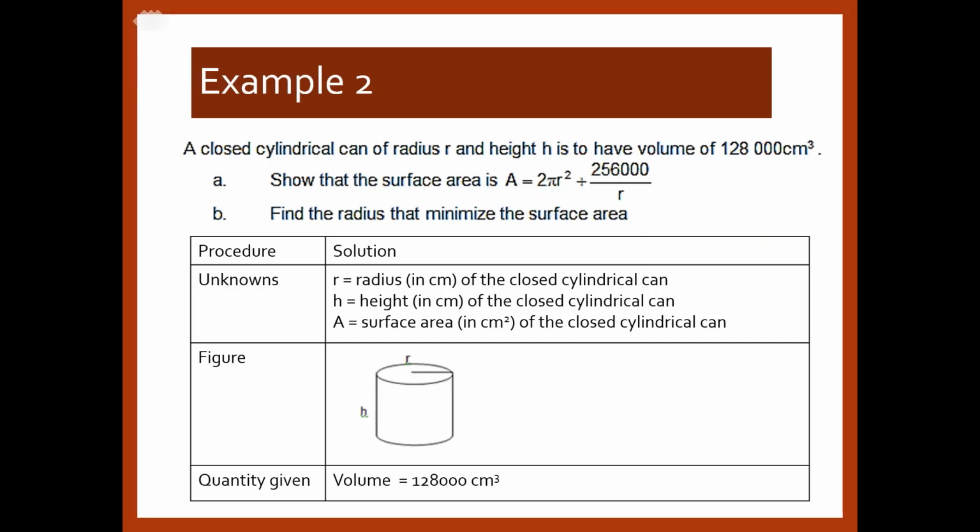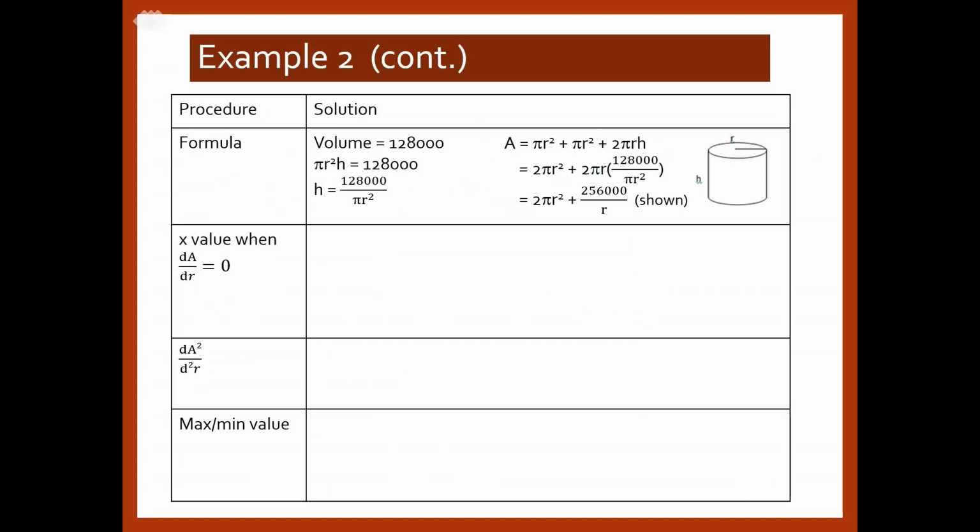The cylindrical can can be represented by the following figure, given that the volume is 128,000 cm3. The volume is represented as pi r squared h equal to 128,000. Simplify, you will obtain h equal to 128,000 over pi r squared.